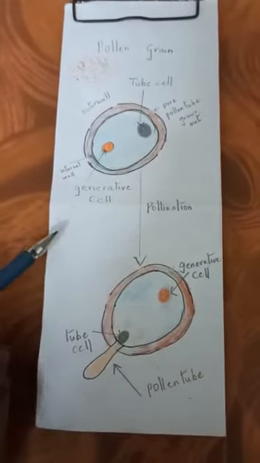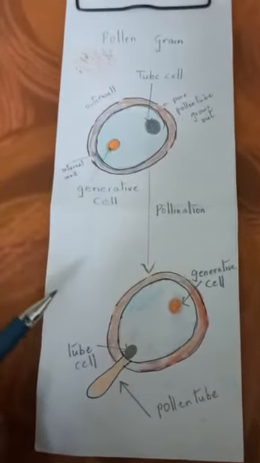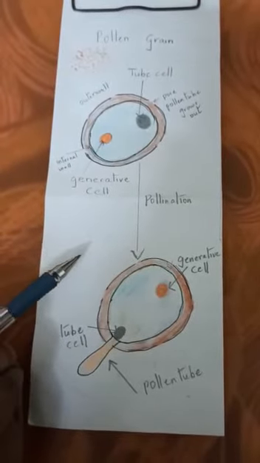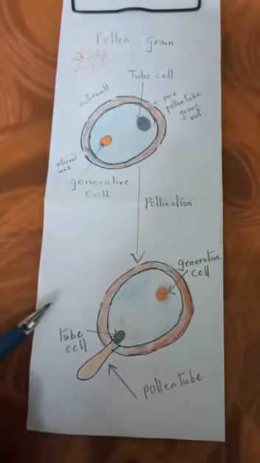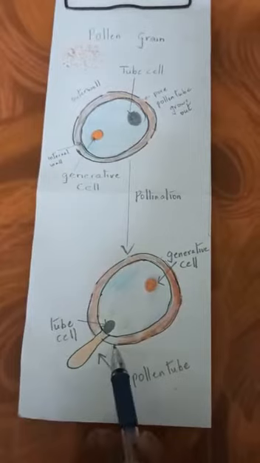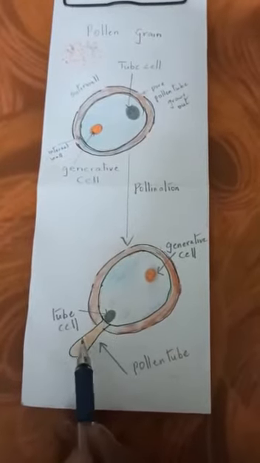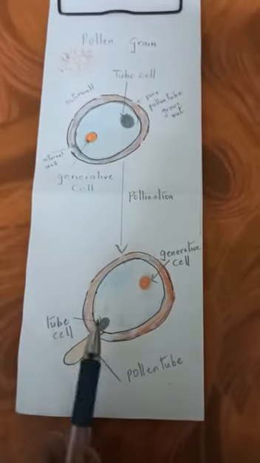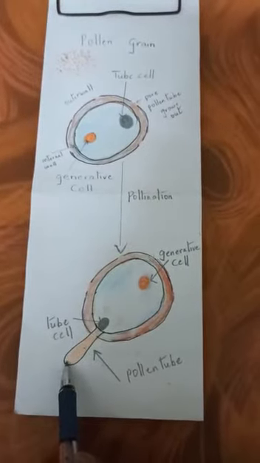They are the agents of pollination. The stigma being sticky, the pollen grains get stuck to it and start germinating, meaning they will start producing the pollen tube. And this pollen tube will emerge from those pores. I told you there are pores, so it will emerge from one of the pores.